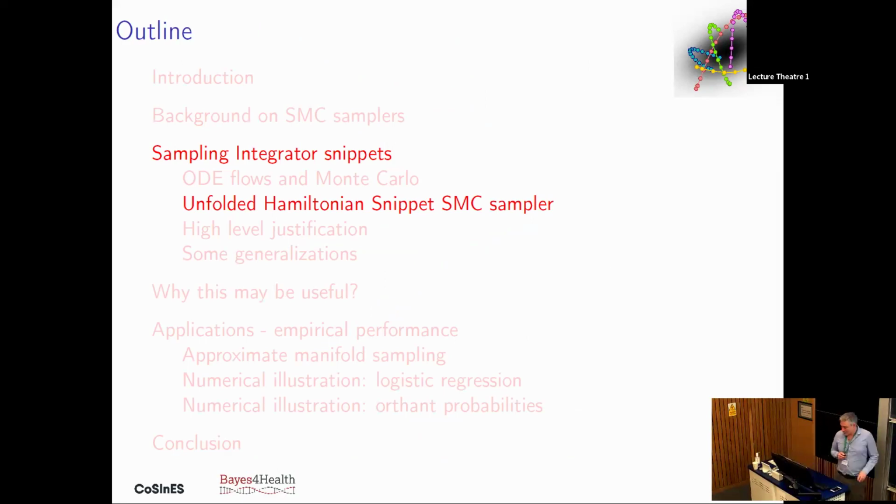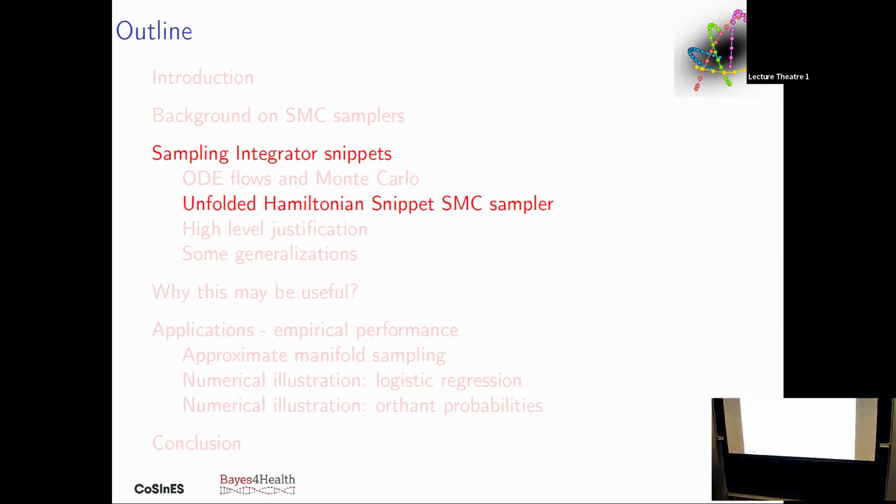Here, I was trying to point out that, and actually, if you've got an example that contradicts what I'm going to say, but I think that these ideas have not been really exploited: the fact that using ODEs, we can maybe define better moves around the space and move away from HMC.